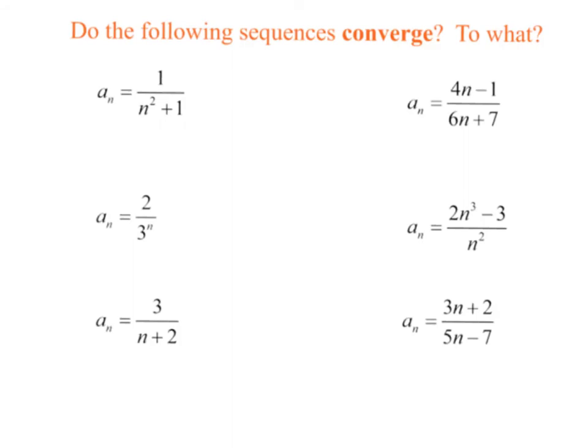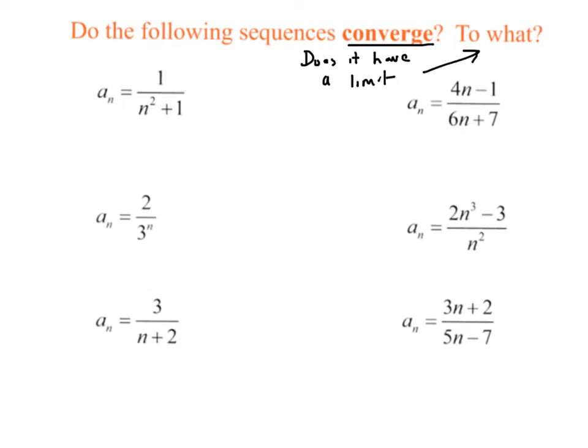Finally, the big question, as I alluded to earlier, is does a sequence or pattern converge? What this means, quite simply, is does it have a limit? And if so, what is that limit?